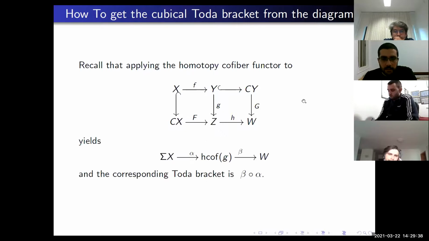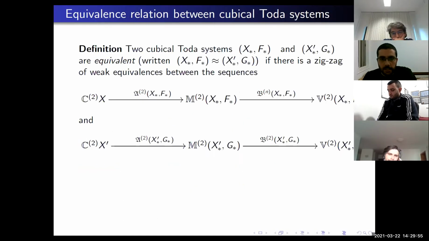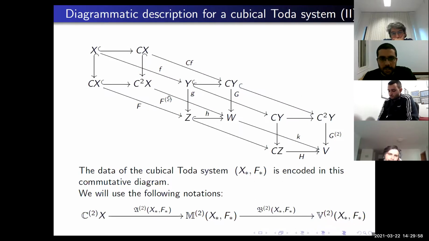We apply the homotopy cofiber and we compose. We did this definition before, the alternative definition of the Toda. And we can do the same here for this diagram. But we have to know what the homotopy cofiber of cubes is, not just for maps, because here we have a square, and in the general case we have any cube.